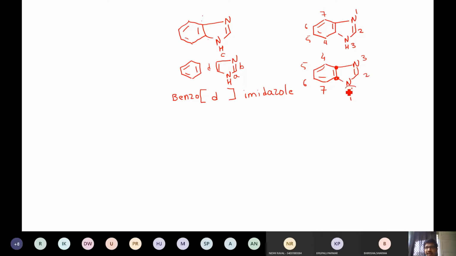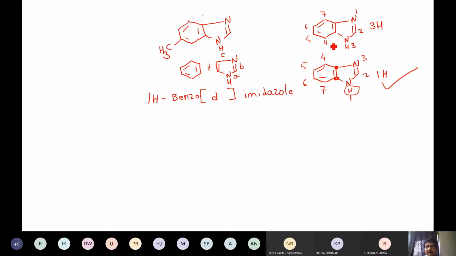So what will be the differentiating factor? The position of hydrogen. In one case, it is getting 1H. In the other case, it is getting 3H. So what will be preferred? 1H. Therefore, the name becomes 1H-benzo D imidazole. Imagine if I put a substituent here, let's say a methyl group, then this system will be very helpful.